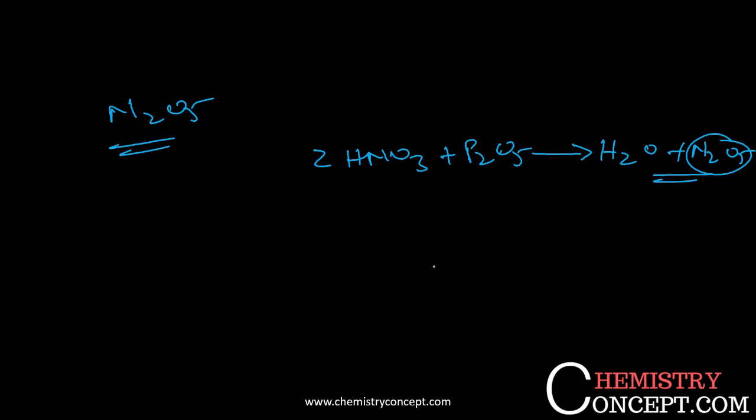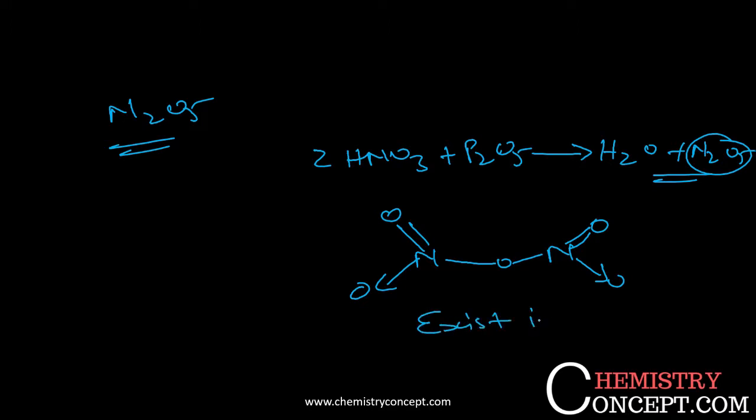The structure of this N2O5 is similar to the structure of N2O4, but one more oxygen is there in between the two nitrogens. This is the structure of dinitrogen pentaoxide and it exists in the solid state. And this is a very, very stable compound among the oxides.